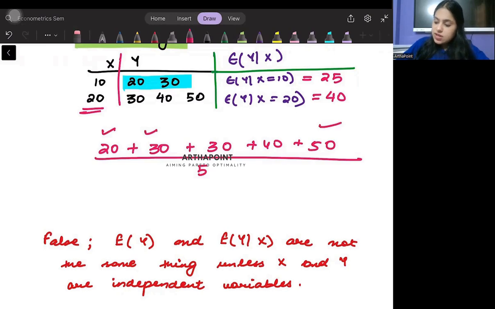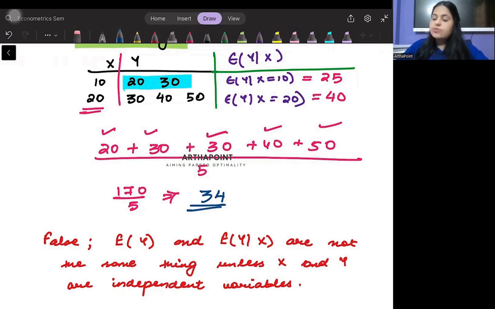So 50 plus 50, 100 plus 40, 140 plus 30, 170 divided by 5. And this gives me 34.